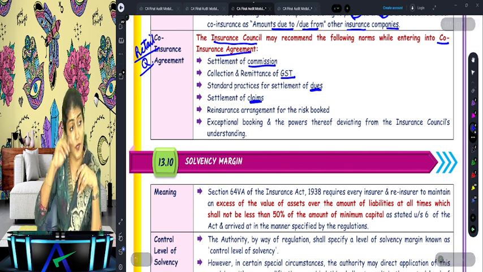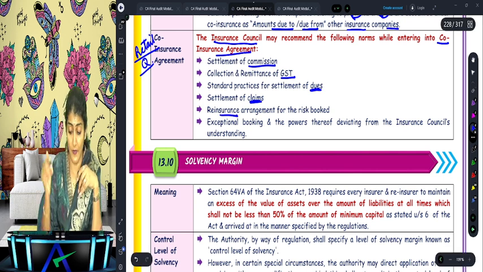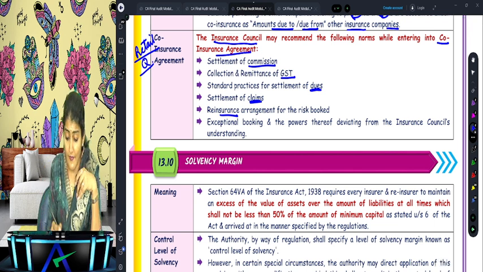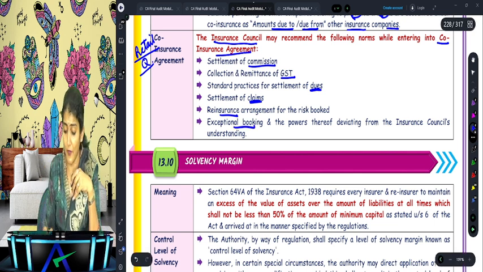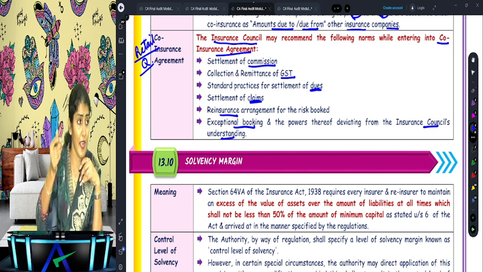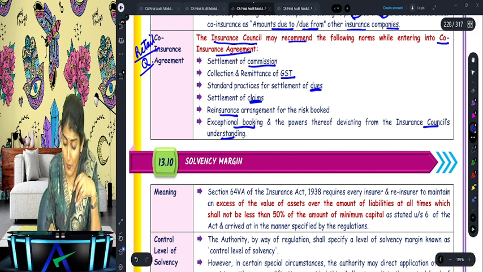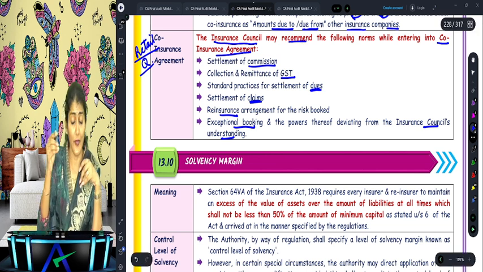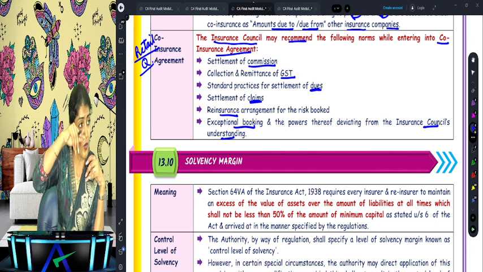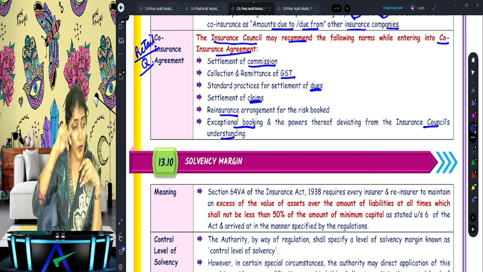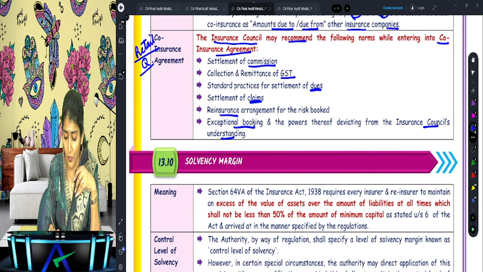Then in co-insurance, if there is any reinsurance, then the reinsurance arrangement and the exceptional booking and the powers thereof deviating from the insurance council's understanding. So something rare happens, right? So how the exceptional booking is done for the same, right? So the insurance council may recommend the following norms while entering into the co-insurance agreement. What are the norms? Who will do the settlement of the commission?